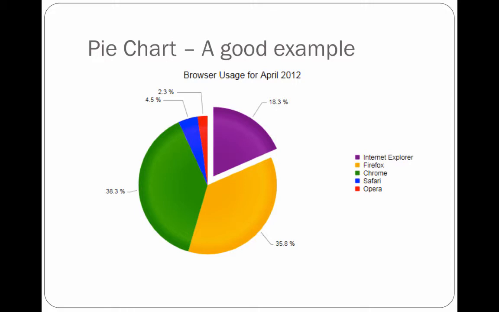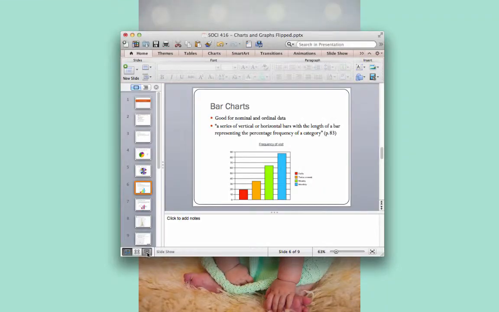So they each make up slightly more than a third of the browser usage in April 2012. So you could say something like that. And so your interpretations of a pie chart are basically putting this chart into words. So should your paper get separated from the chart, it would be there in writing in the paper.